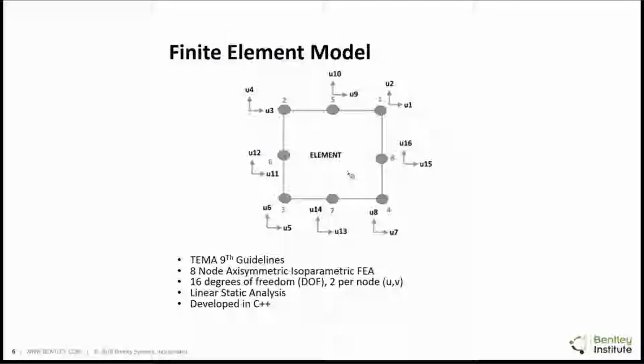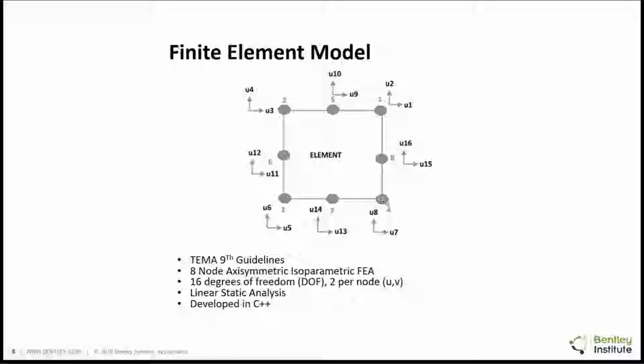So here is the finite element model. What was done was development of an 8-node axisymmetric isoparametric finite element engine. So there are 16 degrees of freedom, which is also called DOF, and 2 degrees of freedom per node. So you see here U1, U2 for node 1, and then it goes counterclockwise. So node 2, U3, U4 like that.